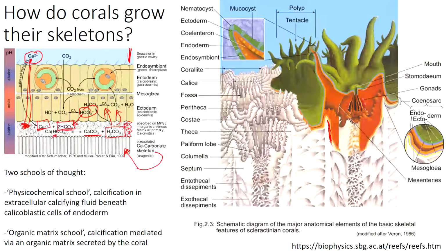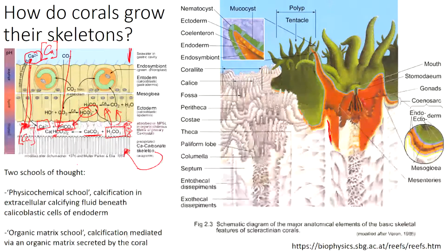So when elements are pumped in, the concentration of calcium out here, in square brackets, might not be the concentration of calcium down in this space. The isotopic composition of the carbon and the oxygen might be modified as the carbon moves through the animal to the site of calcification. So a number of processes complicate the formation of these skeletons.